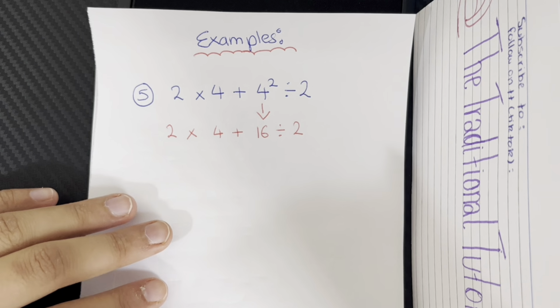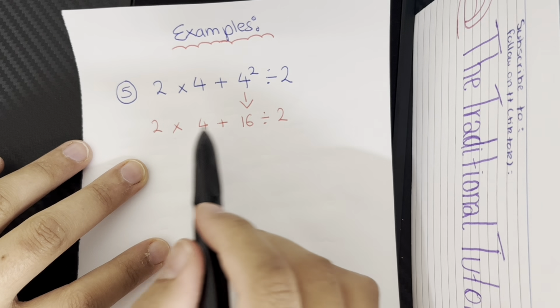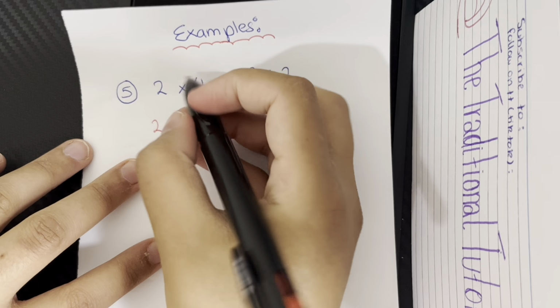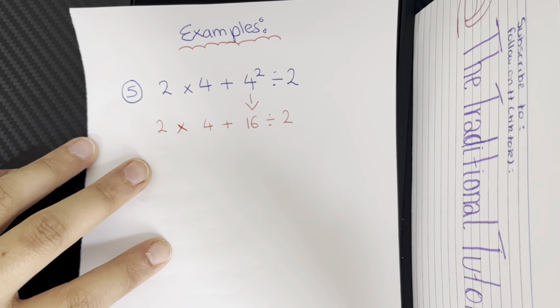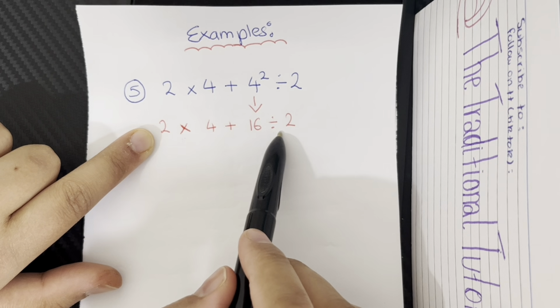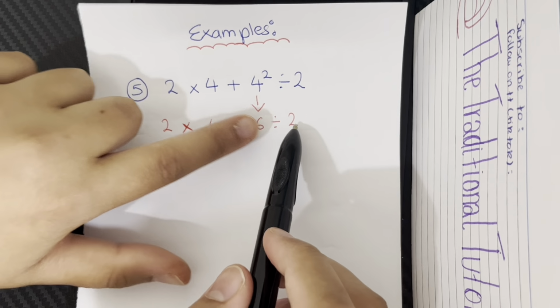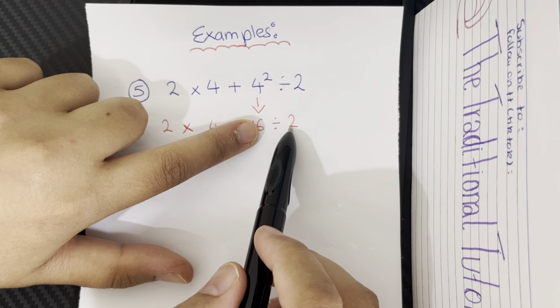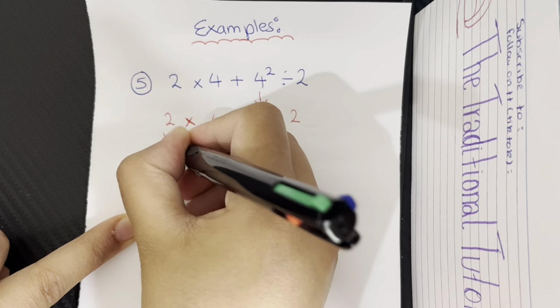Now again, when we're just looking at my multiplication and division and deciding what to do first, I need to be doing my multiplication bit first, because that comes first in the question. So if I look at it from left to right, this part comes first, so I'll be solving this before moving on to my division. So 2 times by 4 gives me 8.